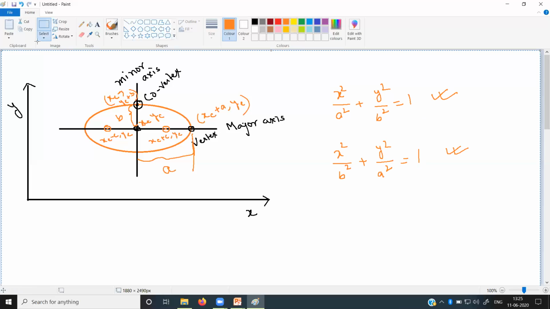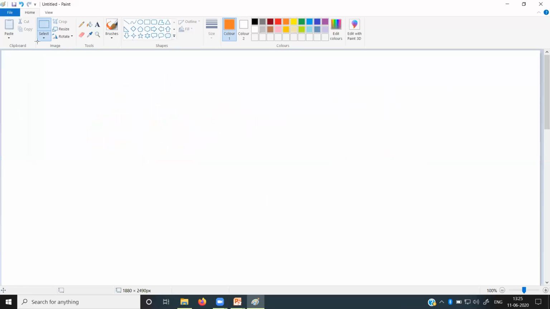Now we will go into details of how the ellipse can be generated using a program. As you know, in the midpoint circle drawing algorithm, based on the midpoint, we calculate the y points and the x points also.